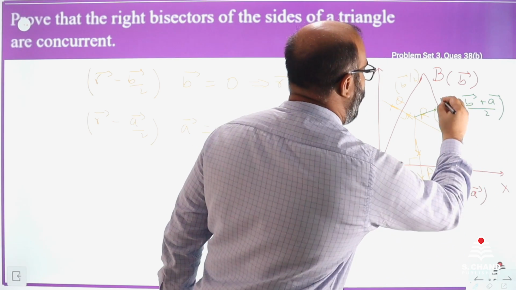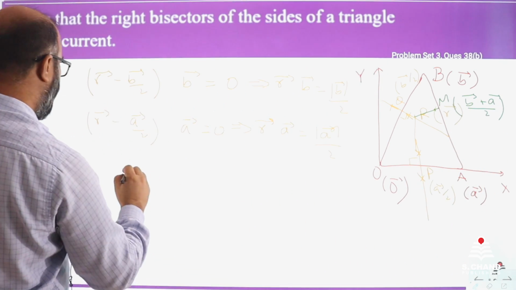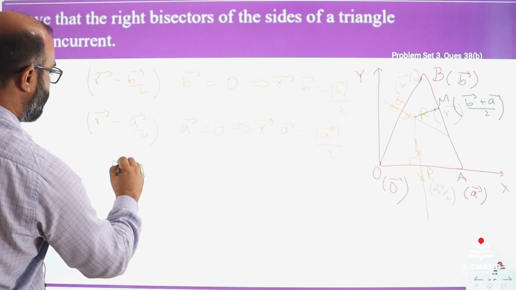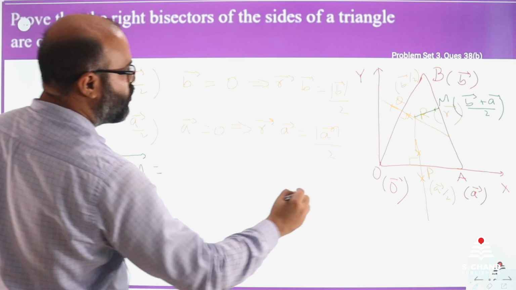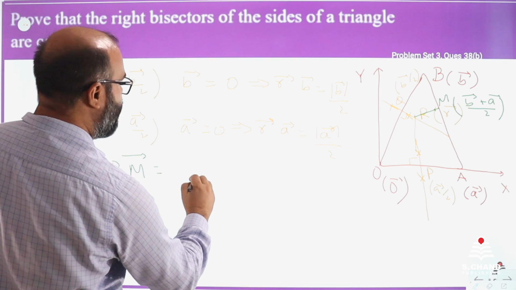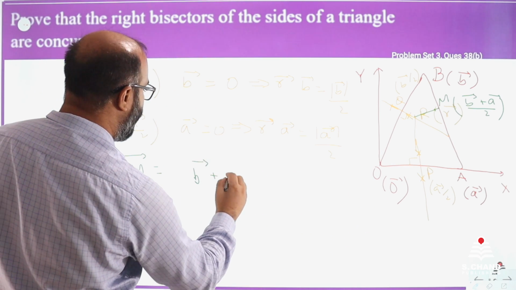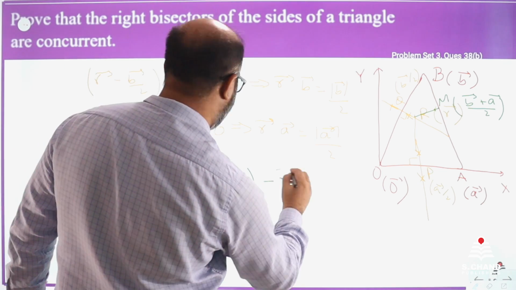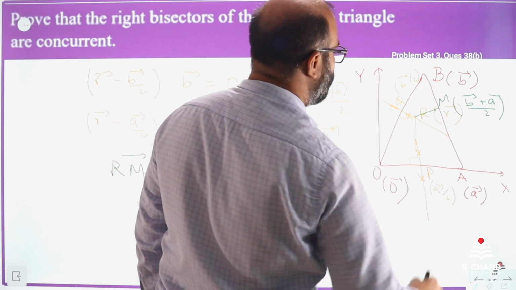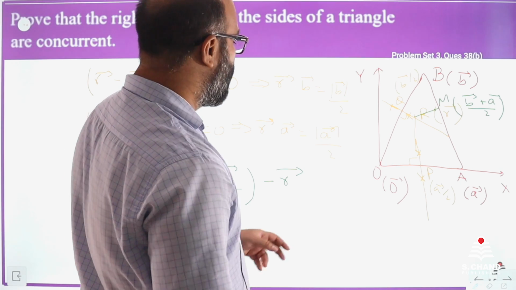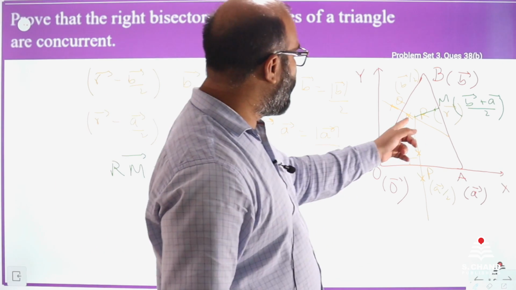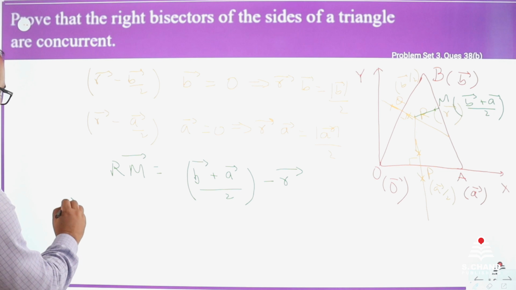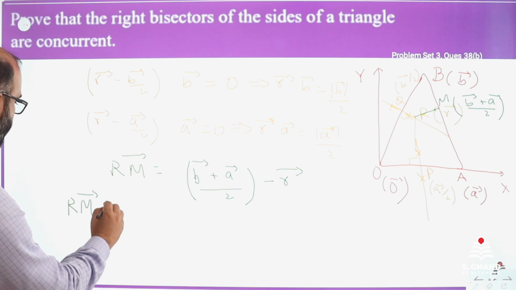This point is M. If we talk about RM, this vector is B plus A by 2 minus R vector. This is the RM vector. Now we have this RM vector perpendicular to the AB vector.